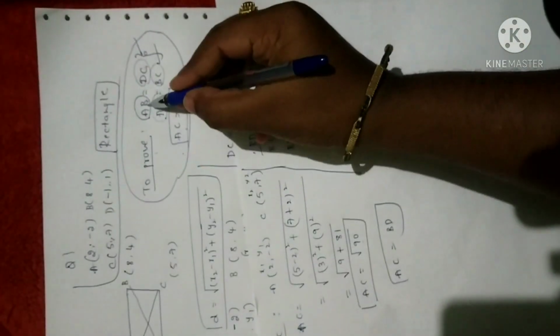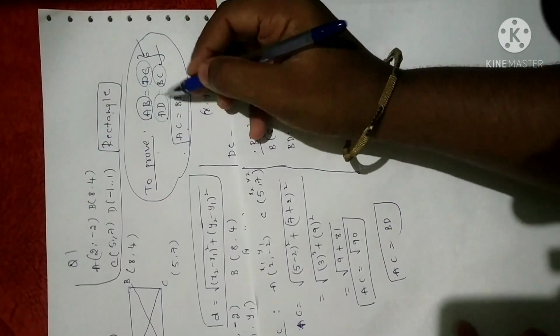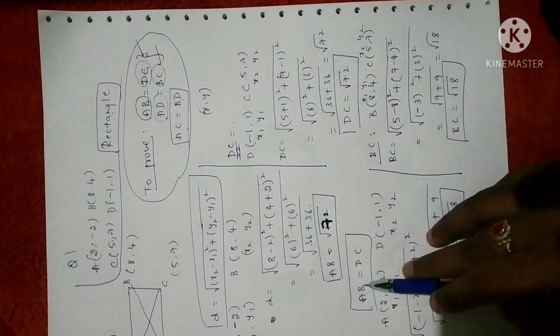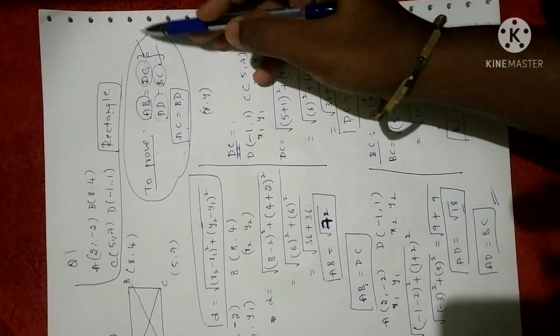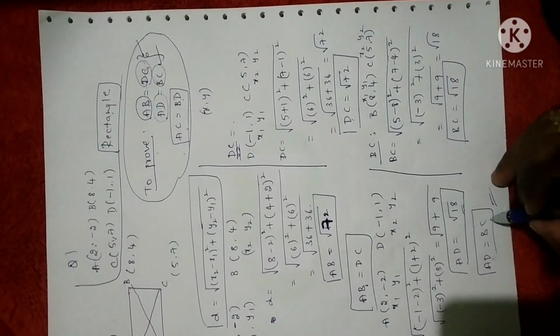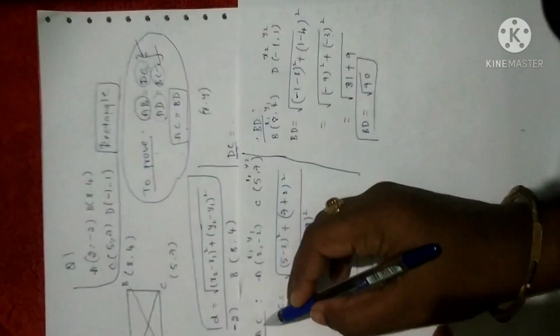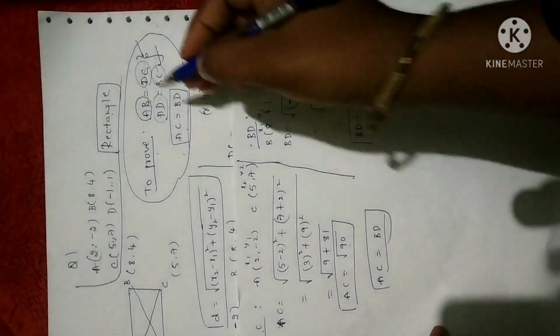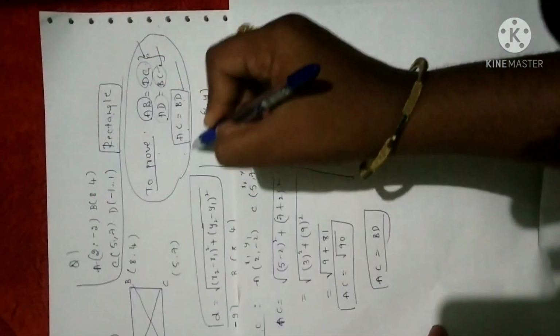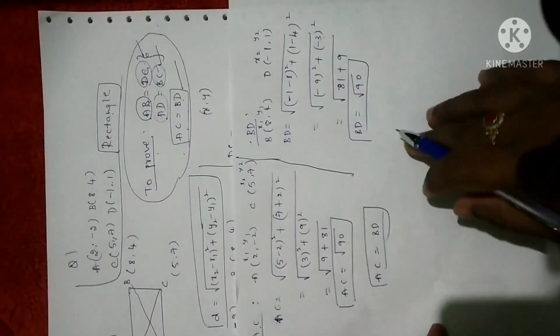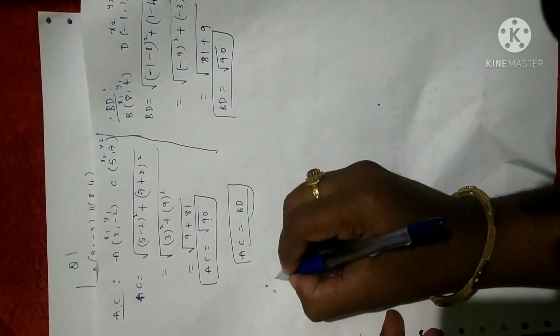So what we have to prove is all the three conditions should be true. Look at here. I have proved AB is equal to DC, so that first condition is satisfied. Next I have proved AD is equal to BC, so that second condition is satisfied. Next I have proved diagonals, that is AC is equal to BD. Third condition is satisfied. Since all the three conditions are satisfied, I can write the conclusion.